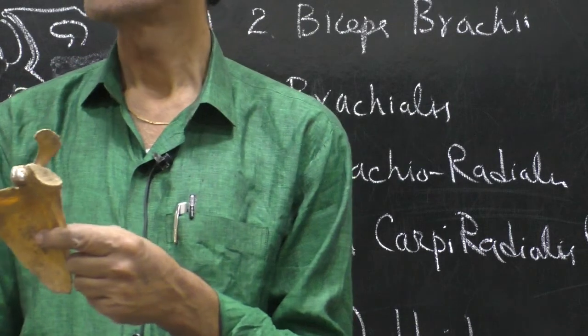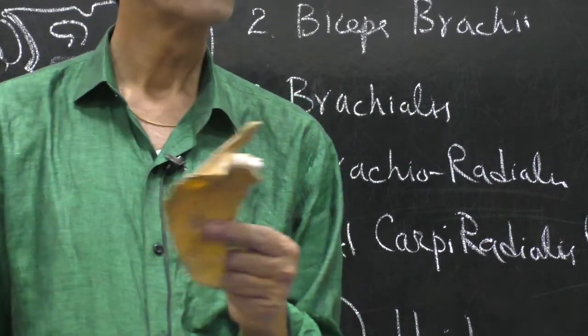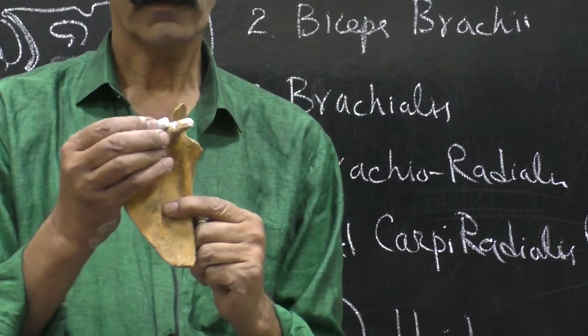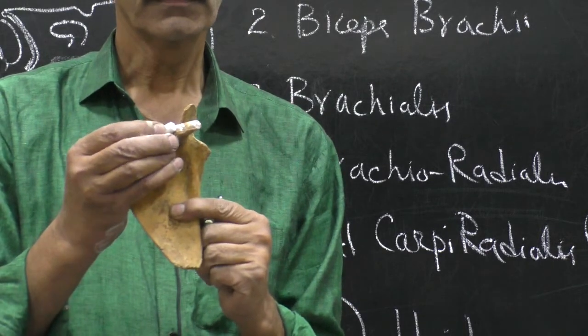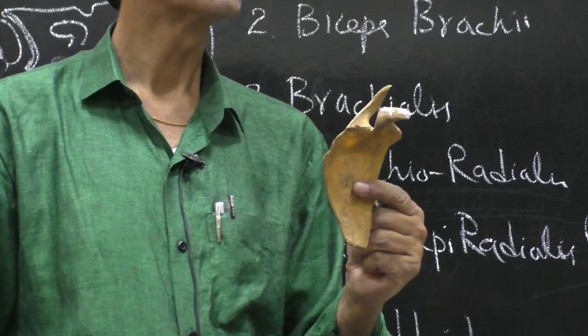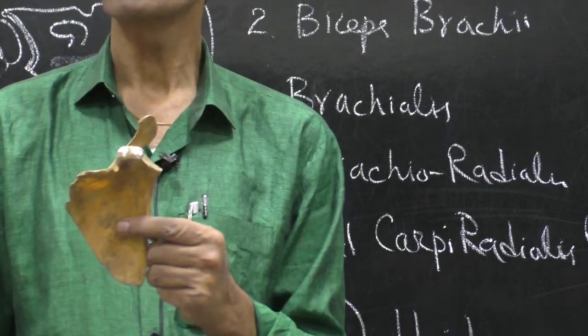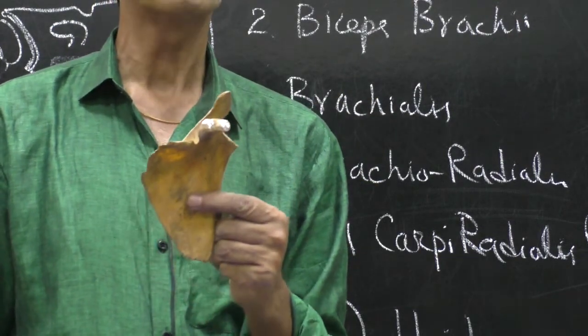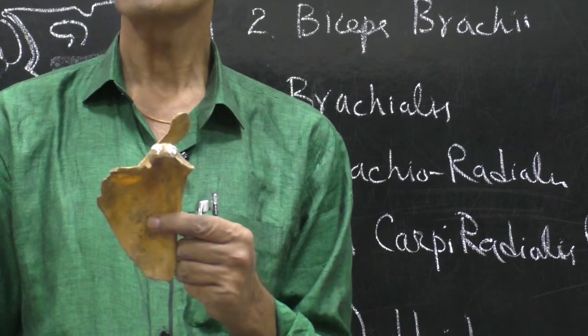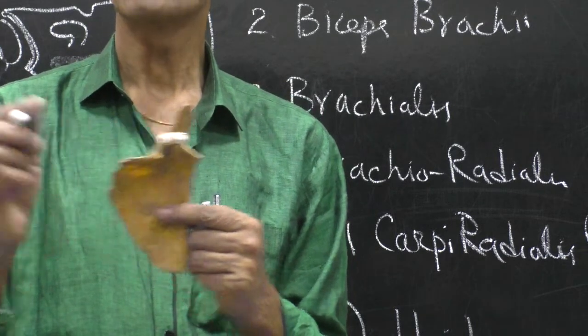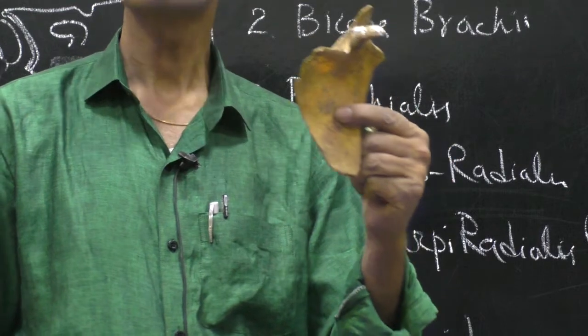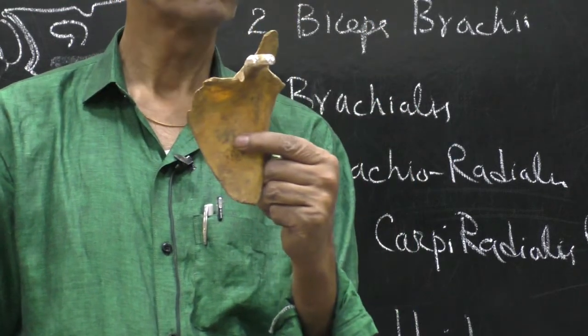What I have marked is the origin of coracobrachialis, and combined with it, the short head of biceps also. The short head of the biceps and the coracobrachialis have a common origin from the lateral part of the coracoid process of the scapula.